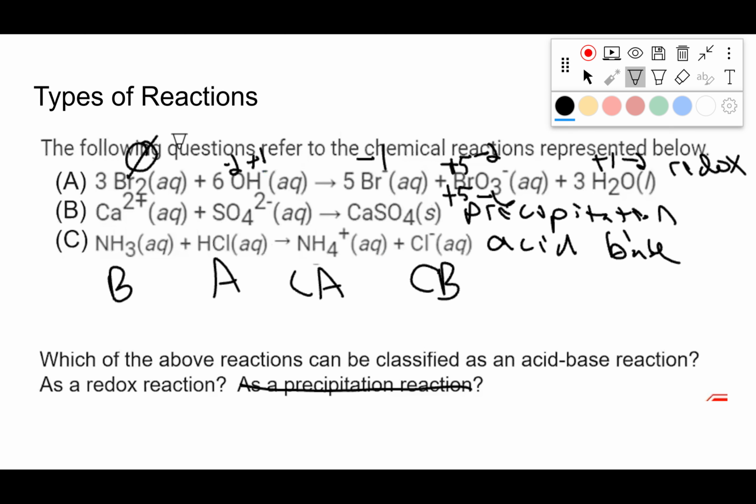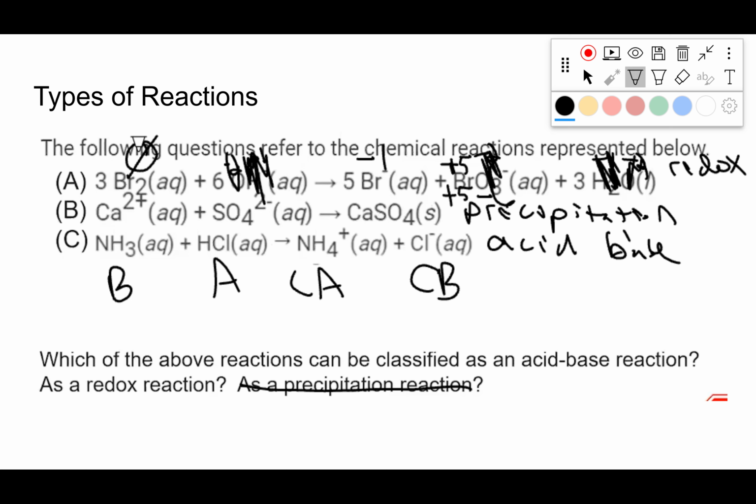So again, we want to look and see what has changed and what hasn't changed. If I look here, bromine went from a 0 to a +5, so it did change. Oxygen went from a -2 to a -2, so oxygen did not change. Hydrogen went from a +1 to a +1, so it also did not change, so it doesn't matter.